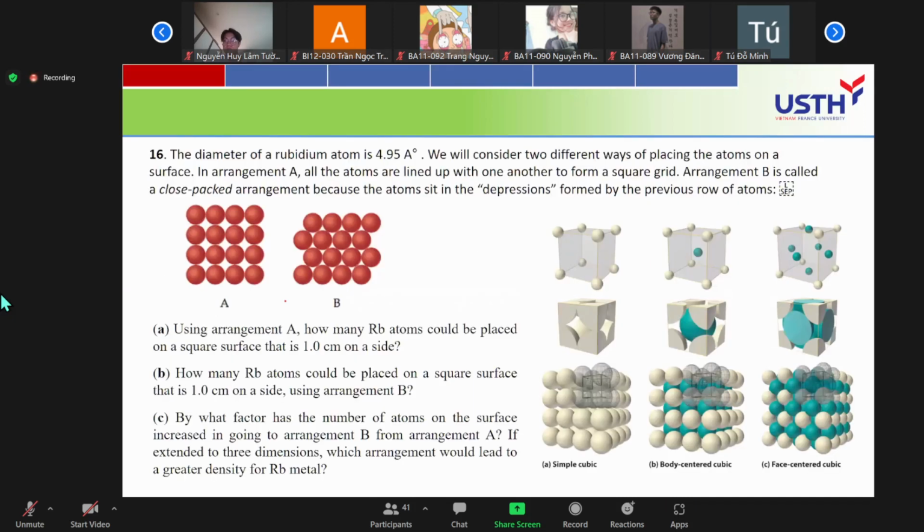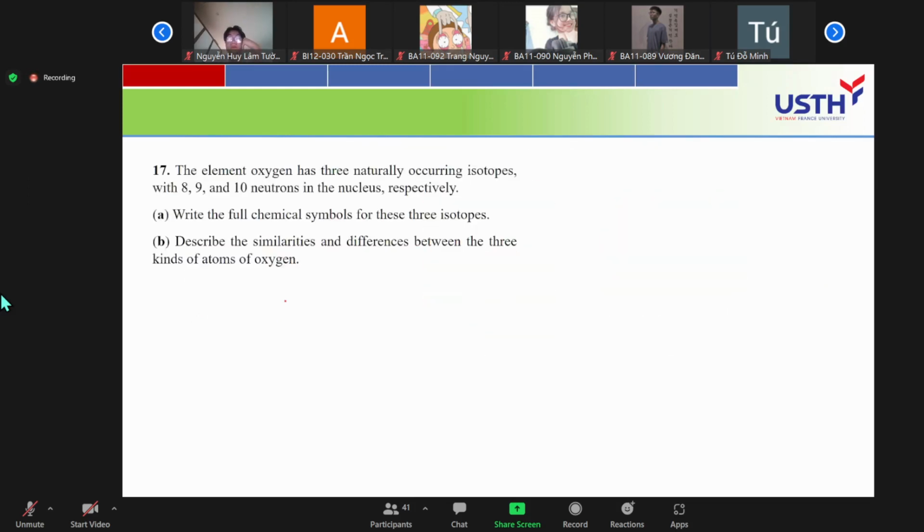Okay, the next exercise. But I want to move to something simpler first before we go back here. For example, exercise number 17, very simple. You have oxygen. The very first question is to write the full chemical symbol of 3 isotopes.